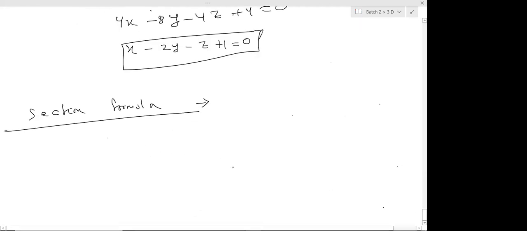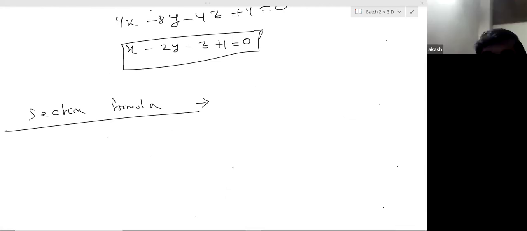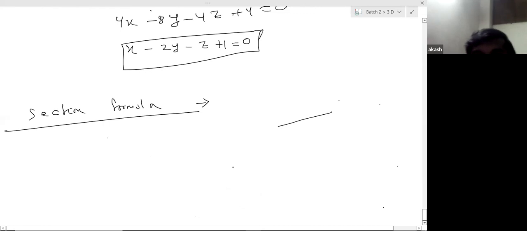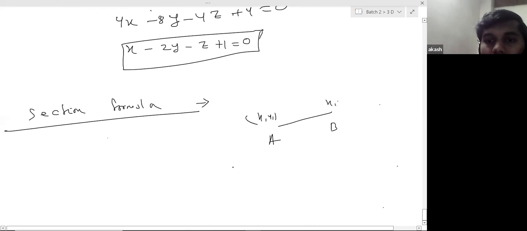In class 10th also you studied about section formula, right? If you had a line AB, and this was (x1, y1), this was (x2, y2), and the point P was there. Suppose this is (x, y), then this P divides the line AB in m is to n ratio. So how did we locate the coordinates of P?